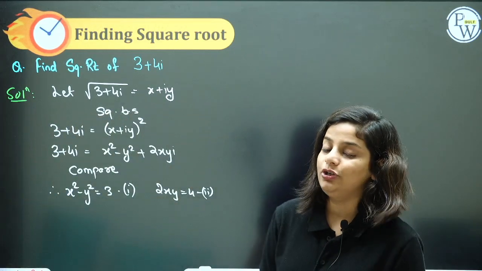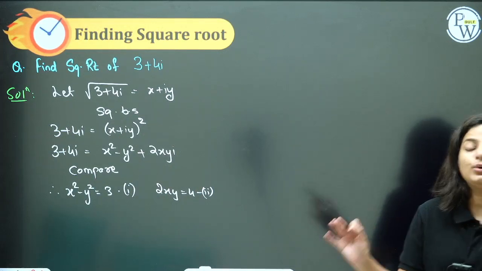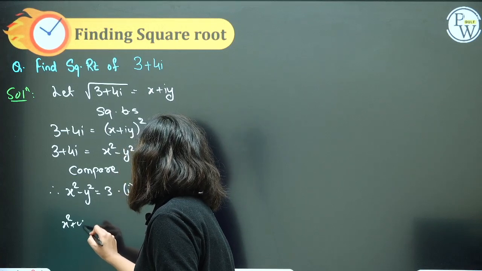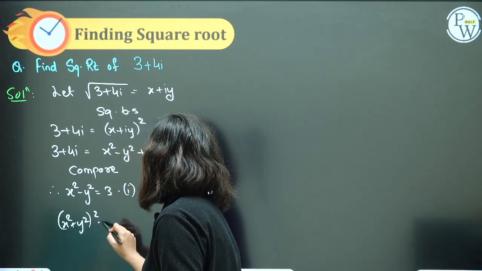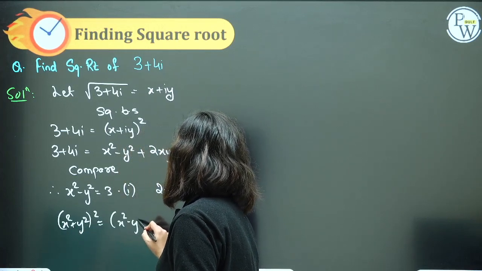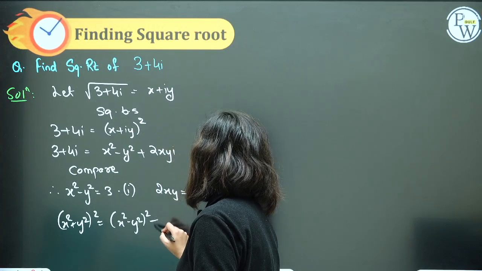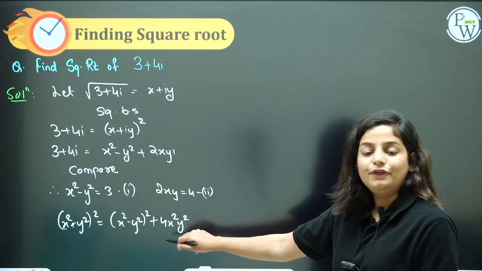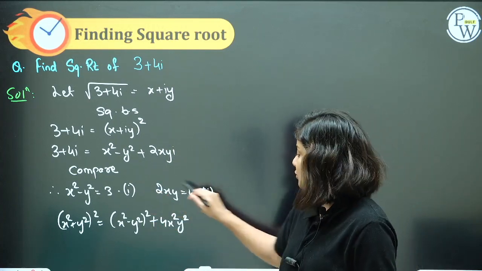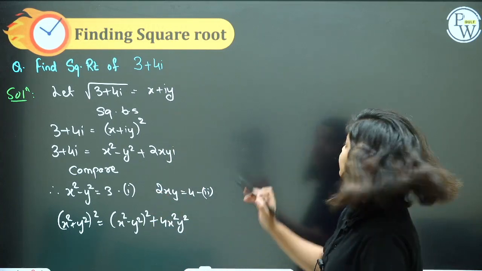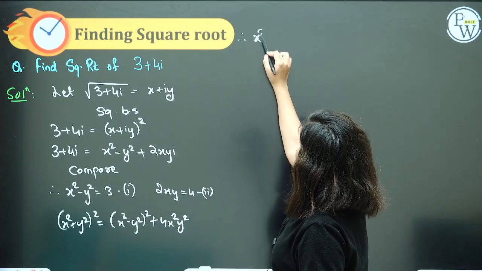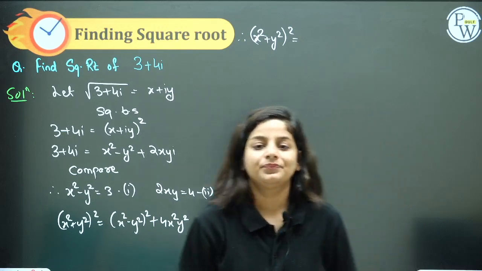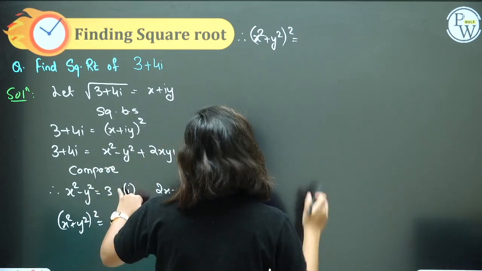What we do after getting two equations, always use identity to get the third equation. What's the identity? Writing here: x square plus y square the whole square is x square minus y square the whole square plus 4 times x square y square. After you write the identity, substitute 1 and 2 in this. x square minus y square from equation 1 is 3.